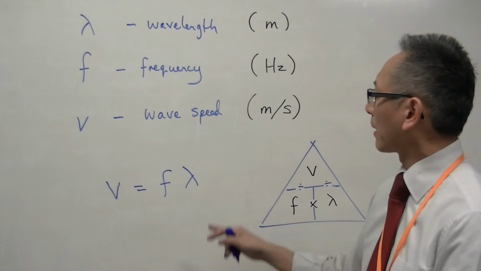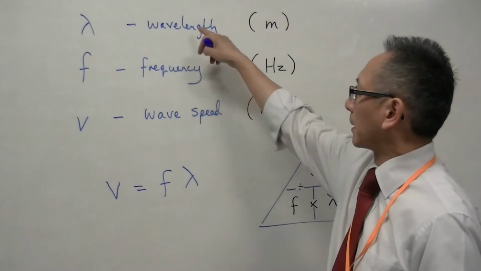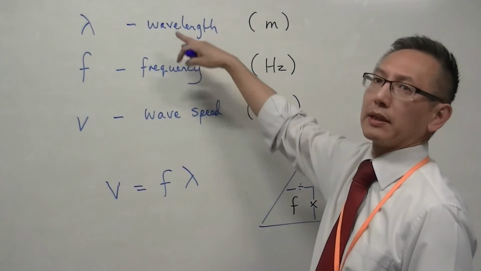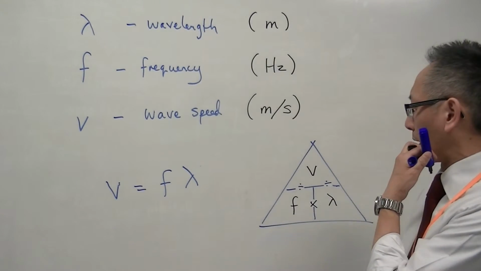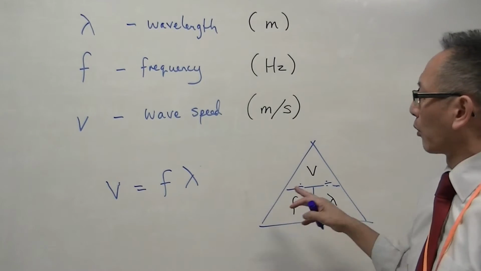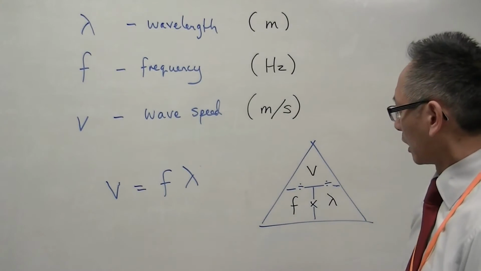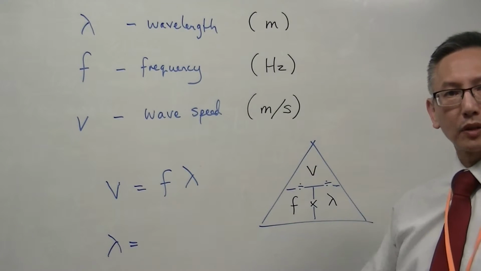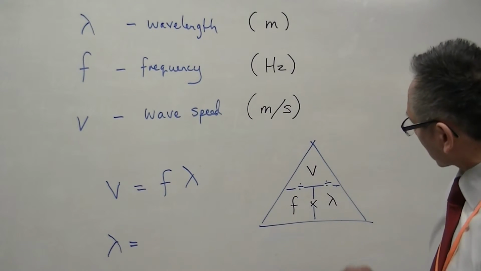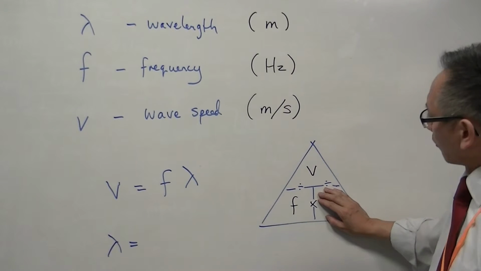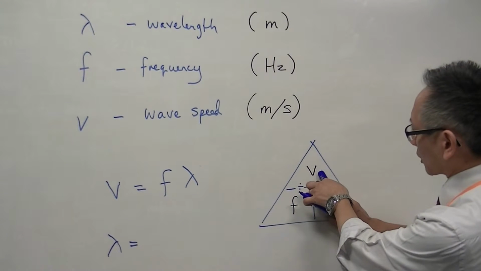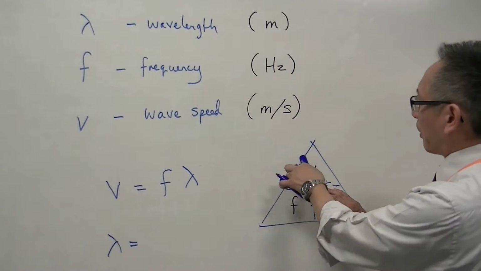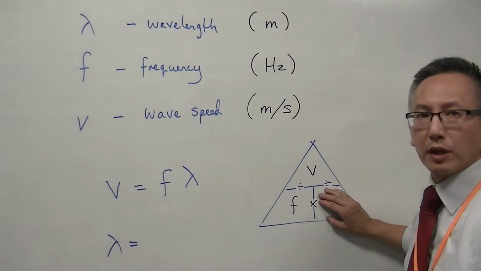So, you may be asked to rearrange the formula. For example, you might be given the wave speed and the frequency and be asked to work out the wavelength. Well, in this case, you have to make the wavelength the subject. In other words, you want lambda on its own. Okay? On the left of the equal sign. So let's cover up lambda here. And what we're left with is velocity or wave speed on top of the frequency.